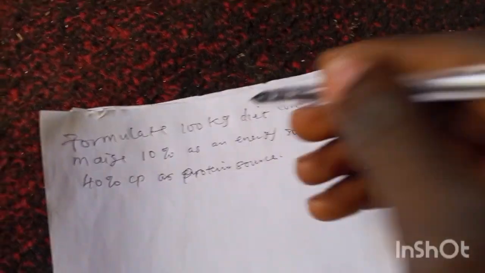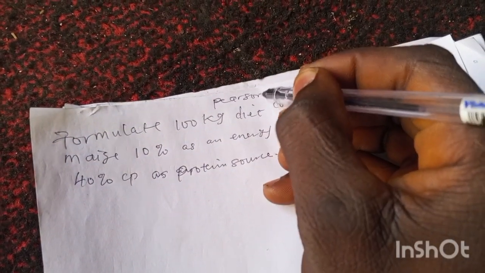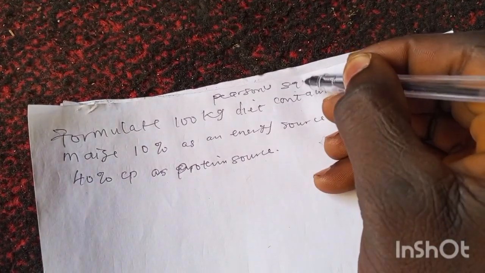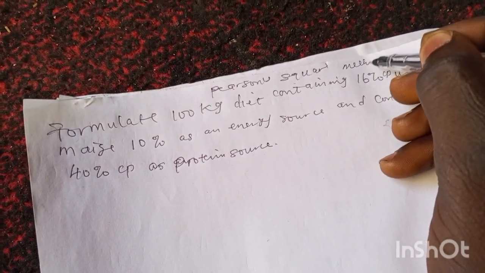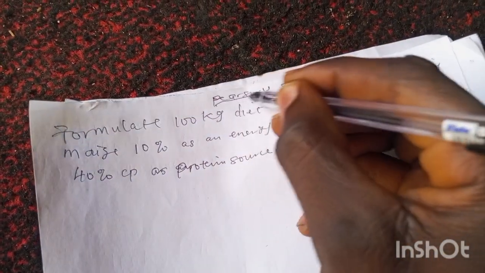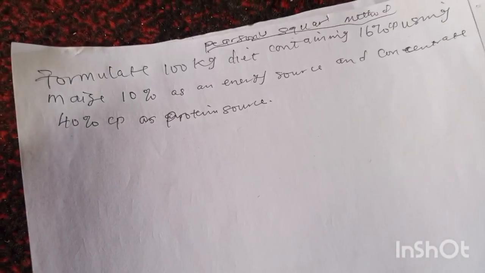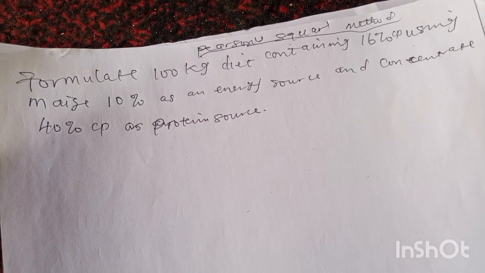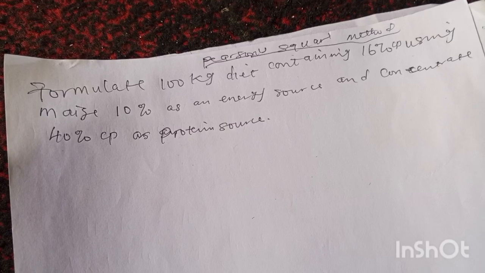So now, under Pearson square method, let me write it here. Pearson square method. Now, one thing to differentiate a Pearson square method from the other one is that Pearson square method always has one protein source and one energy source.